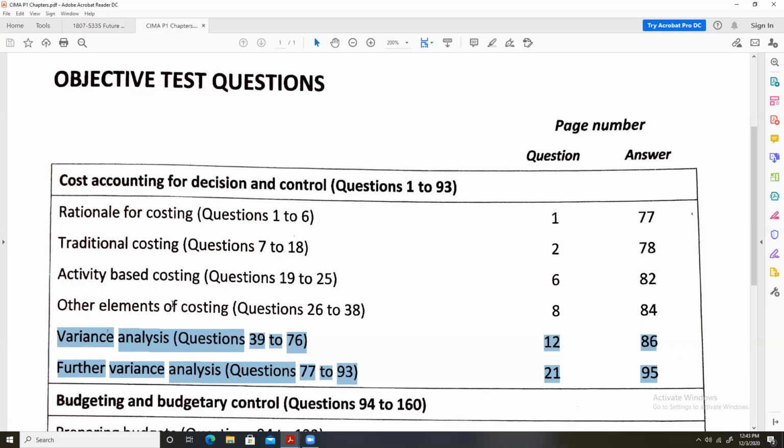And here, the theoretical aspects of variance analysis, I think, are not so difficult.